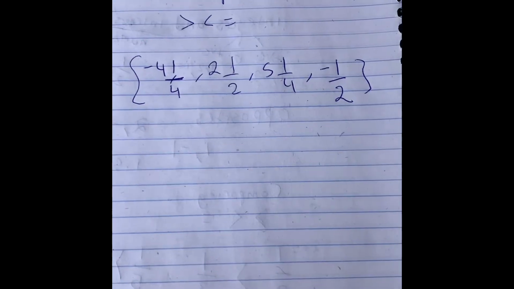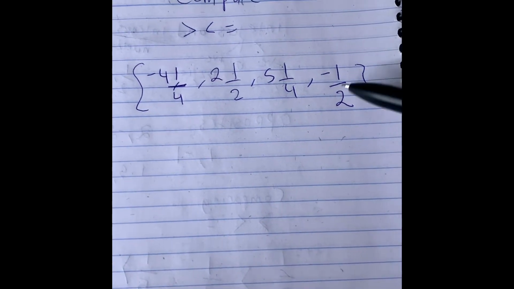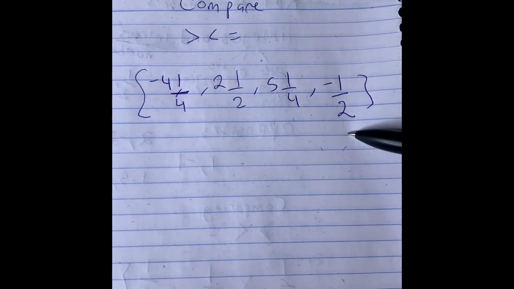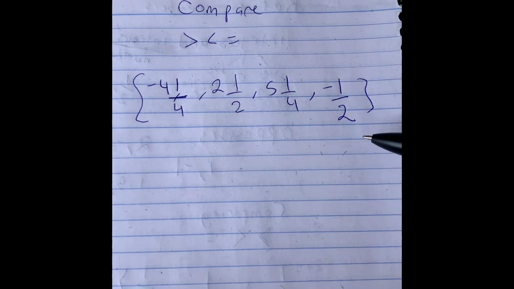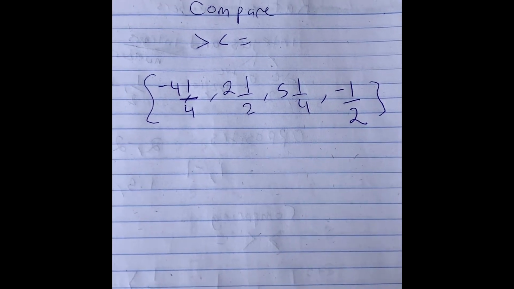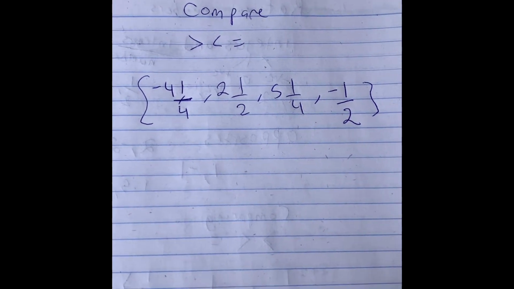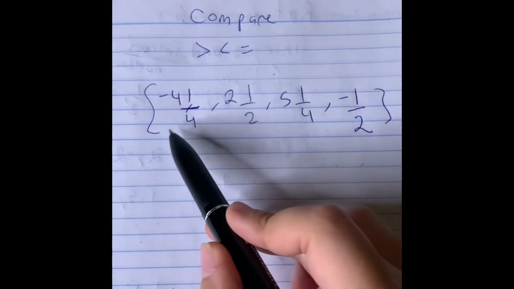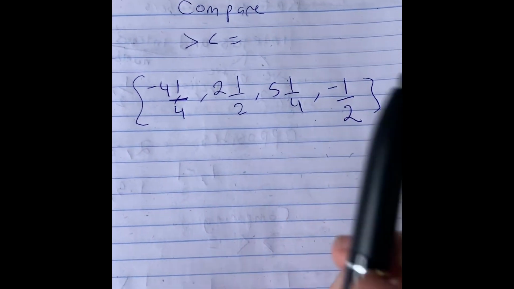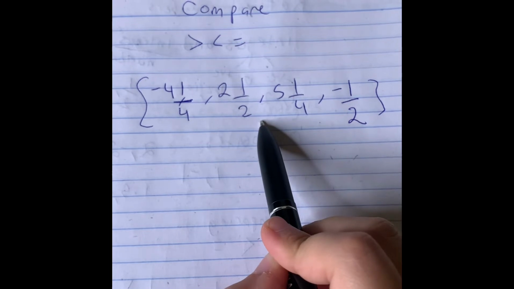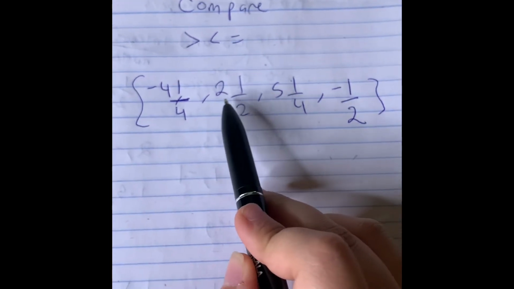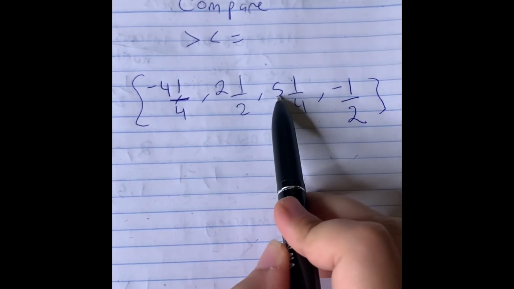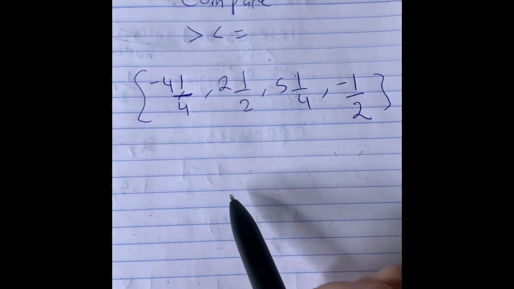Now in comparing, this is an example, and it says to list from the greatest to the smallest. Now you're going to compare. Which here is the biggest? Obviously, the positive is bigger than the negative, so these are excluded. The first one, 2.5 or 5.25.